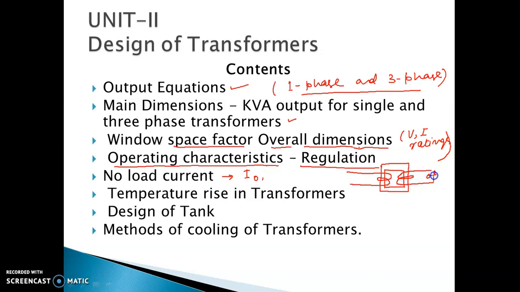The secondary is open, still the primary is supplying current, and this current is known as the no load current of the transformer. It has a very big role because this no load current is utilized to magnetize the core of the transformer. Most of it goes to magnetize the core of the transformer.